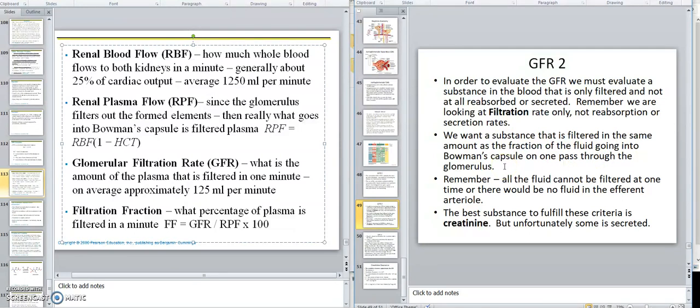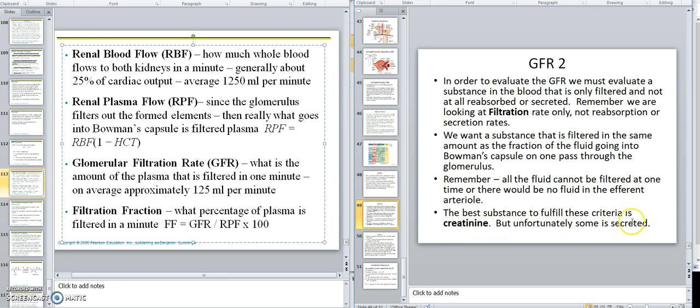We said about 20% go through, so we'd want 20% going in, not 30, not 10. Remember, all the fluid cannot be filtered at one time, or there would be no fluid in the efferent arteriole. The best substance to fulfill these criteria is creatinine.